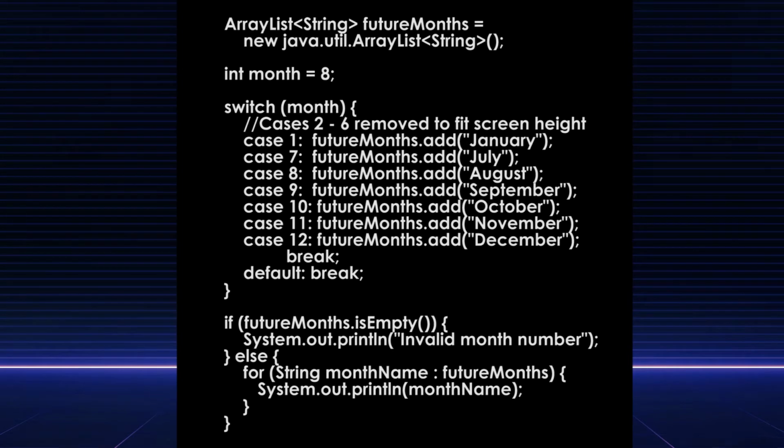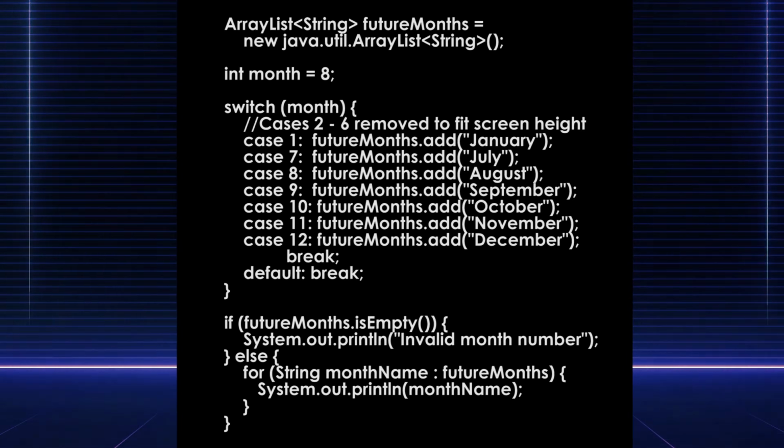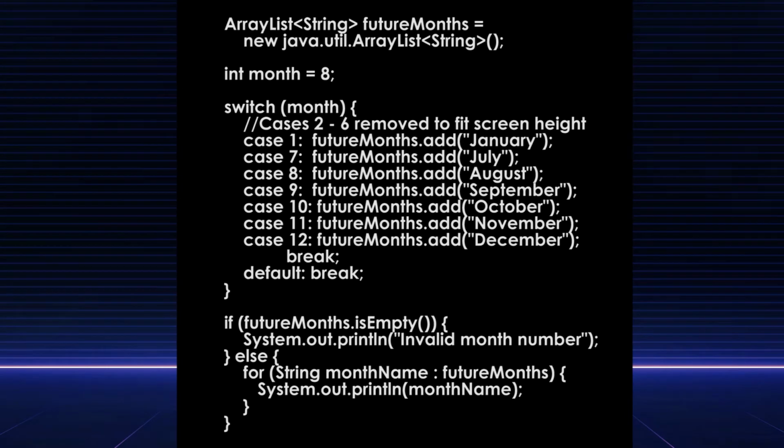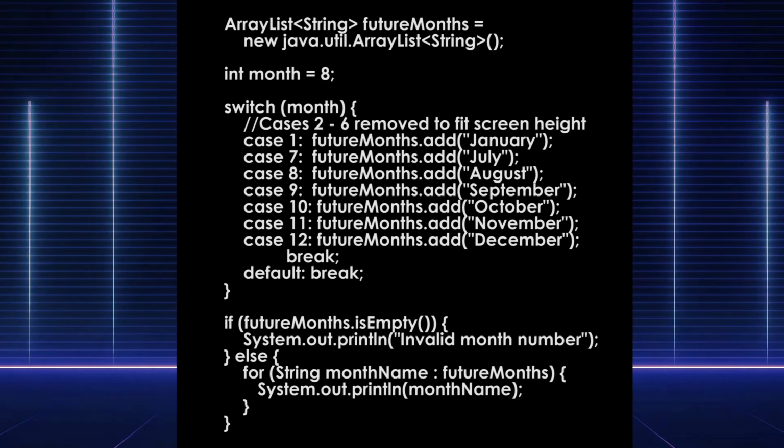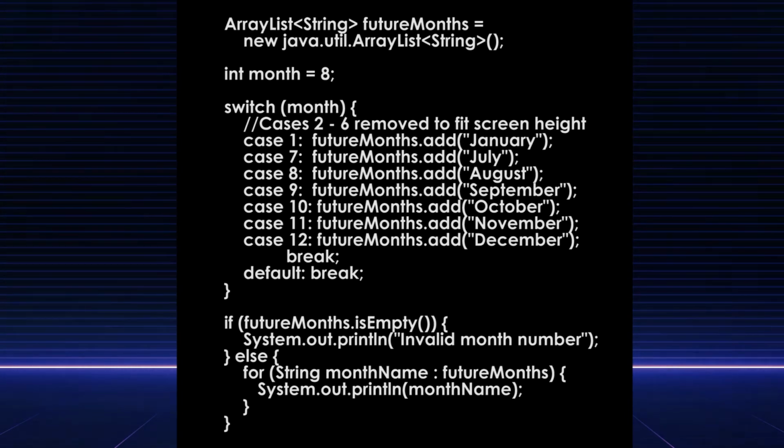And then we have a little bit of extra logic just to show what kind of code you could add after this point to see what you have. So you could have an if statement that says, oh, is my list empty? If it's empty, then I must have received an invalid month number. Else, if I did not receive an invalid month number, then I want to iterate through the list.